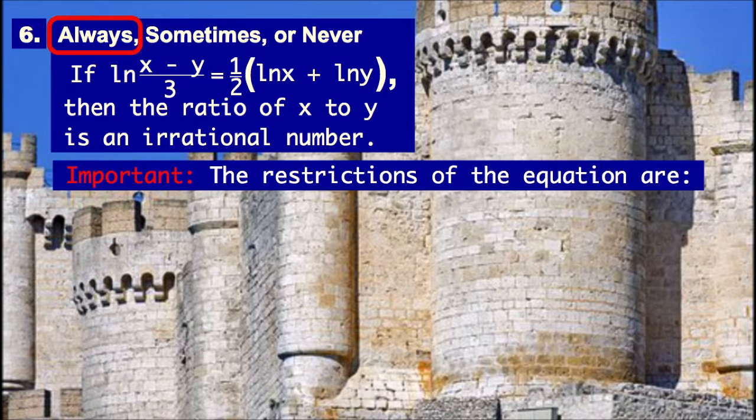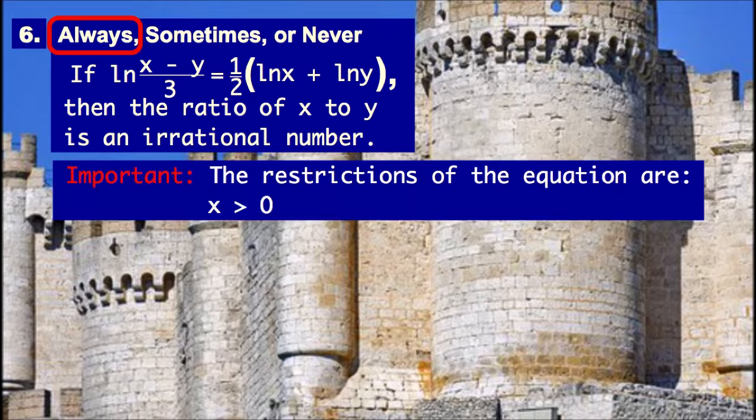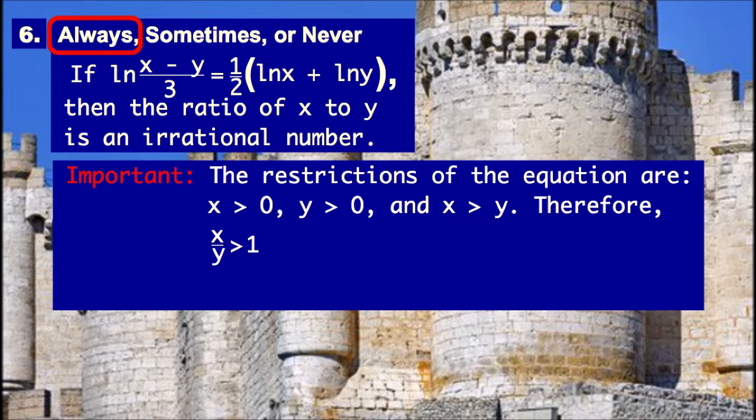Important: the restrictions of the equation are x greater than 0, y greater than 0, and x greater than y. Therefore, x over y is greater than 1. Thus, u is greater than 1.